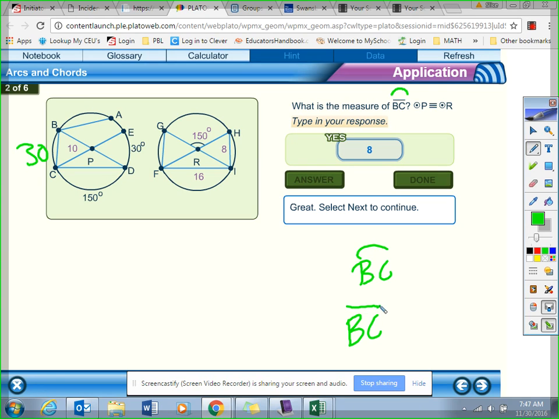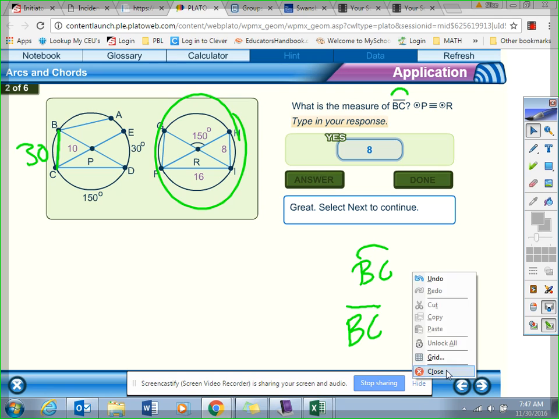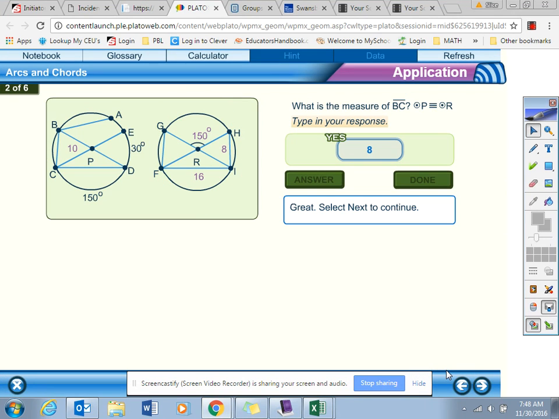So from B to C, since it is also on a circle that's congruent to this circle over here, if this is 8, that's also got to be 8 for that measurement because they are the same circle. And so that's all you have to do for that one. Okay? Let's move on. So just be careful with arcs and segment lengths.